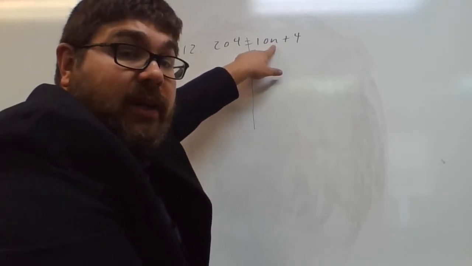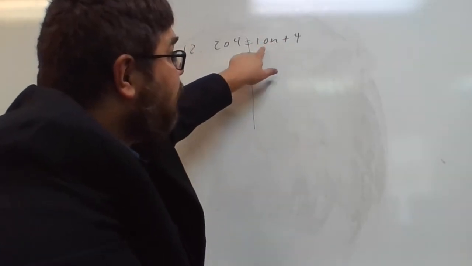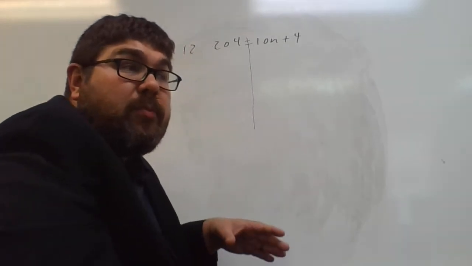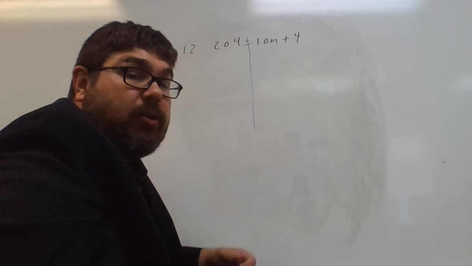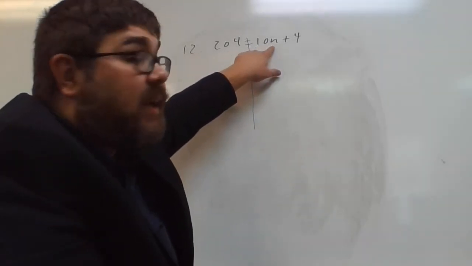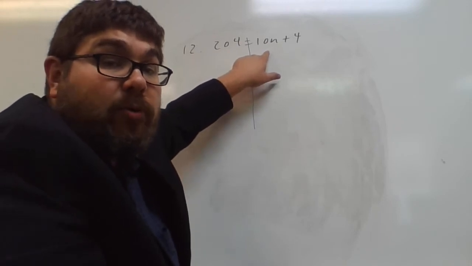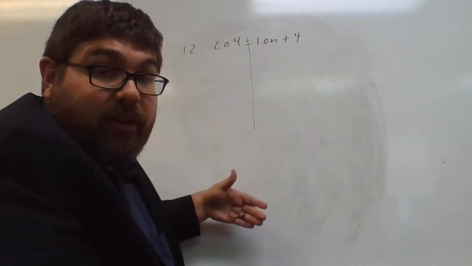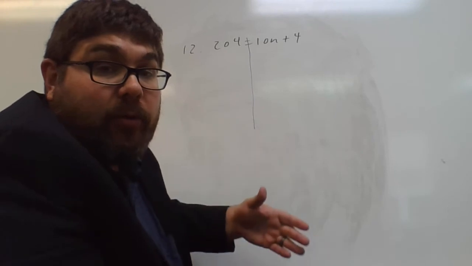In order to get n by itself, we're going to get rid of the 10 and get rid of the 4. We're going to move the number that is not part of the term with the variable. What I mean is 10n is one term. So before we move the 10, because it's attached to the variable, we want to get rid of the 4.